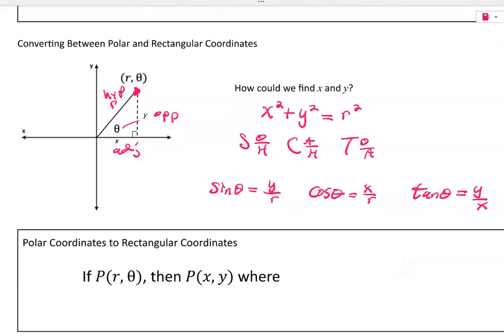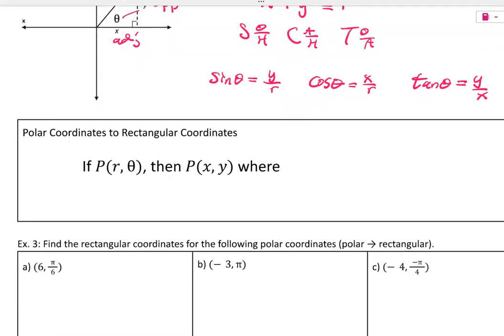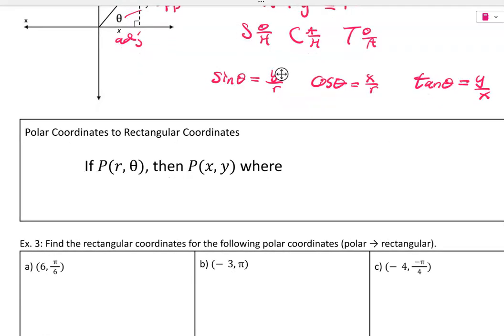Here's really what's happening. If you start with r theta, could we find the rectangular, also known as Cartesian, x comma y's? Yes. What can we use? X squared plus y squared equals r squared is a possibility. Solve for x. If we multiply both sides, this one is actually the big one we're going to use.